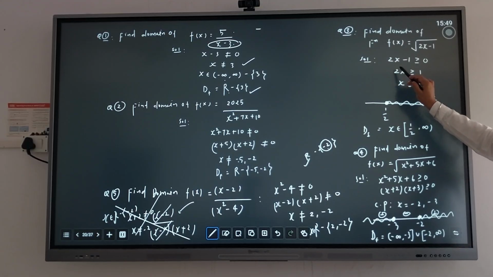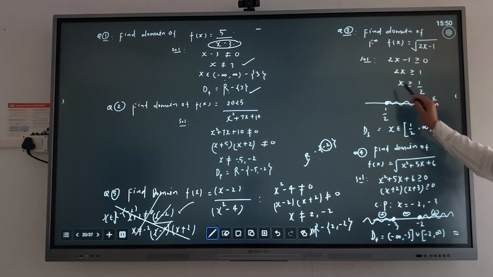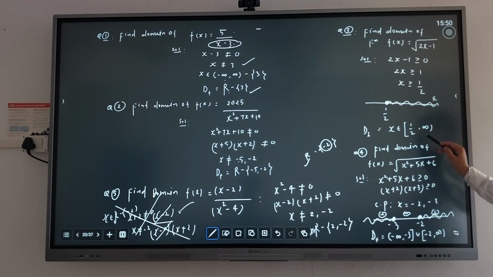Why? Because 2 is a positive number, and in inequality when we divide by a positive number the sign of inequality remains the same. So x is greater than or equal to 1 by 2. That can be equal to 1 by 2 or greater. Greater means the right side region. So this region can be written as x belongs to 1 by 2 closed, closed because this equality holds, and goes up to infinity.